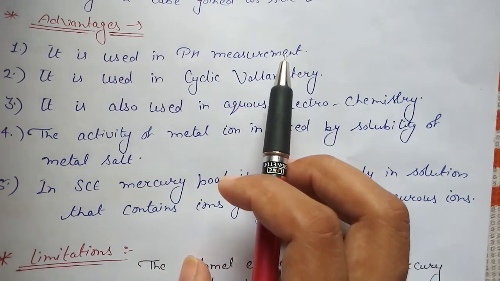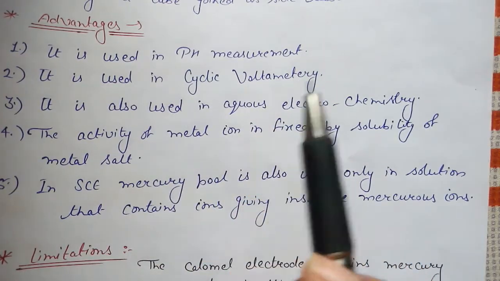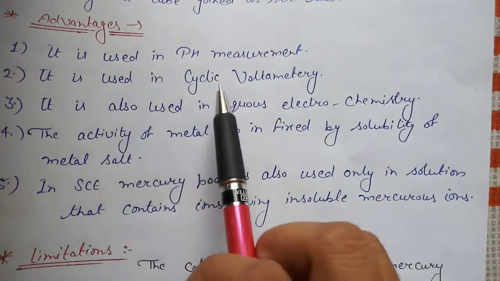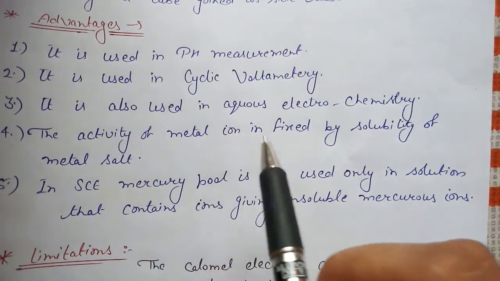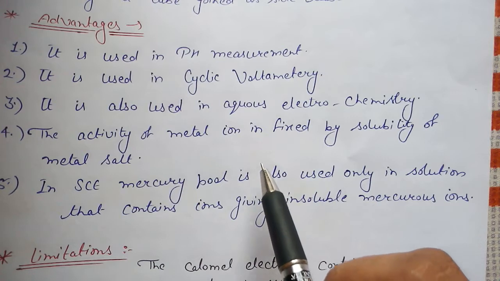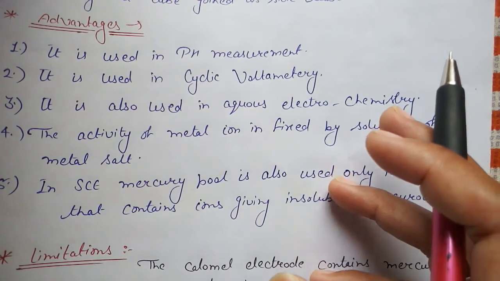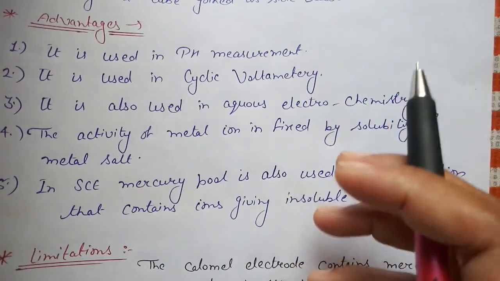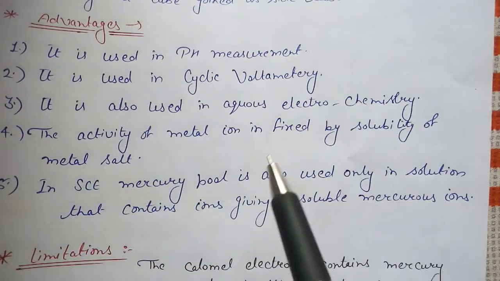It means saturated calomel electrode is generally used in pH measurement. It is used in cyclic voltammetry. It is also used in aqueous electrochemistry, where we use a solution type of formation with the help of electricity, right?